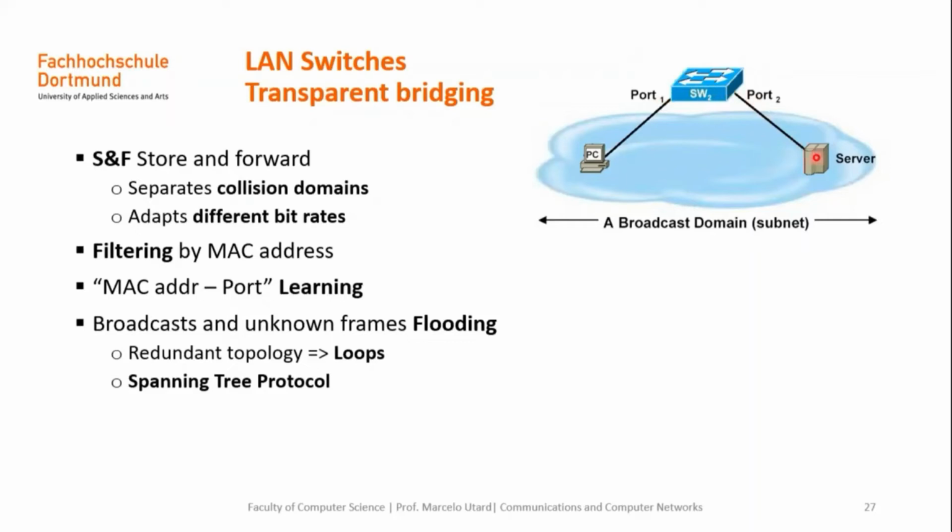It could be a port of, for instance, 1 gigabit per second or 10 gigabit per second. The adaptation of the different bit rates is possible because the switch performs the store and forward function.